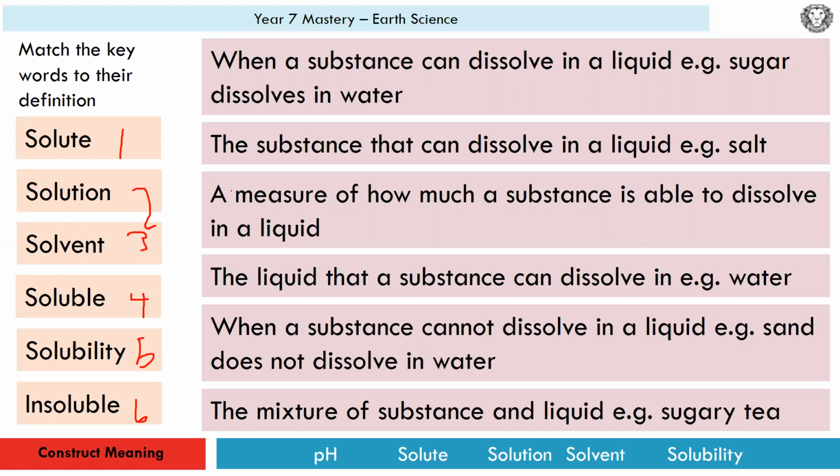Okay, so hopefully you have done that now. So let's have a look through the answers then. So solute being number 1. So solute is when a substance can dissolve in a liquid, i.e. sugar dissolves in water. So that would be number 1. Okay, so, oh, apologies. No, that is not number 1.